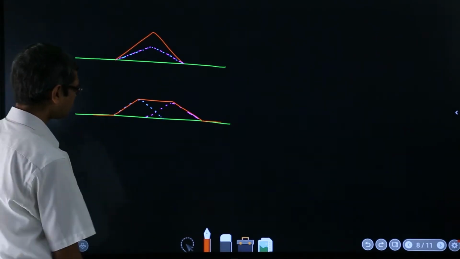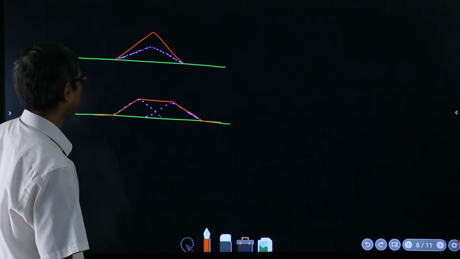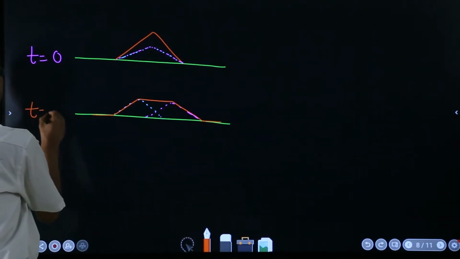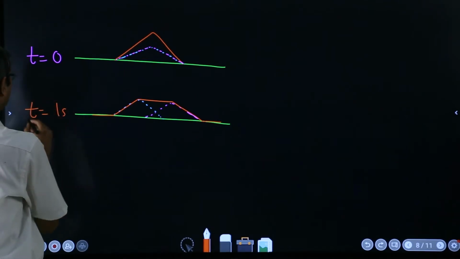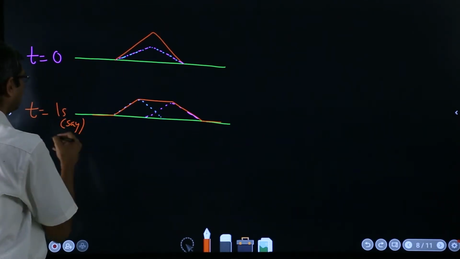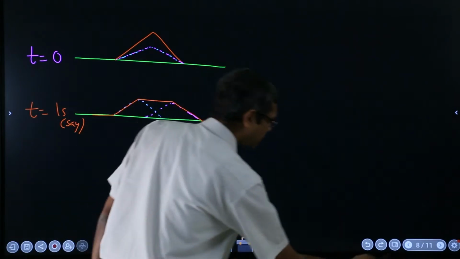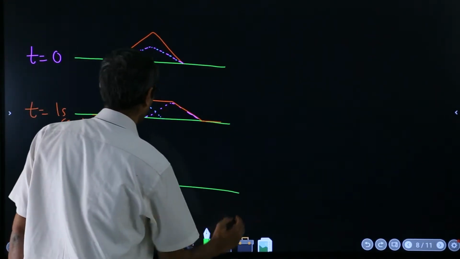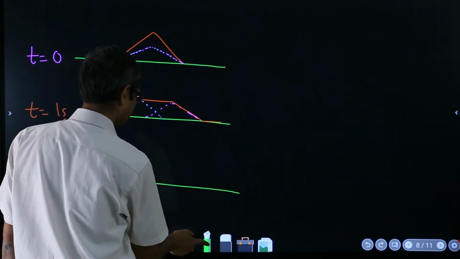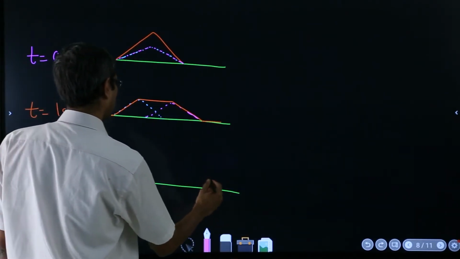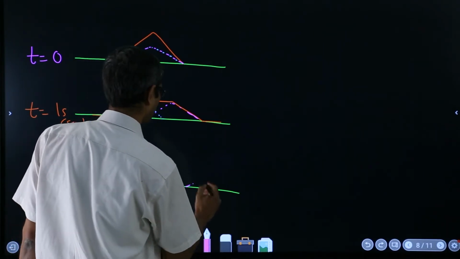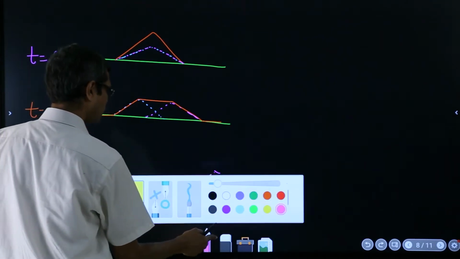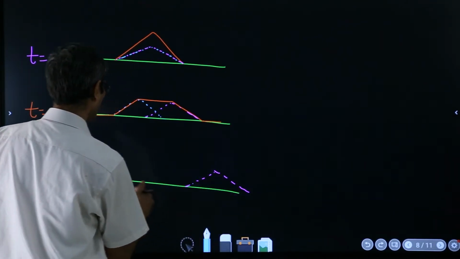And this may be at say t is equal to 1 second, depending on the speed and all. Then if I draw the third one, maybe they have passed completely like that, and this one has moved like this.